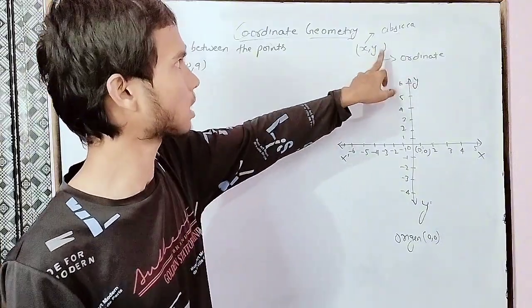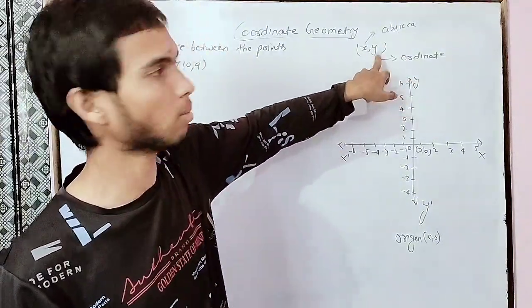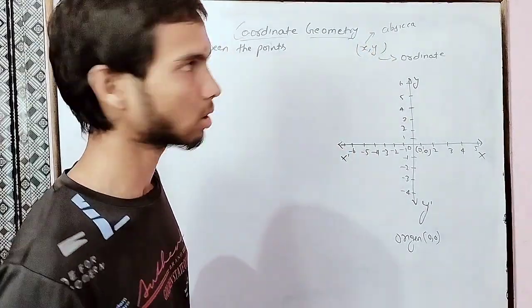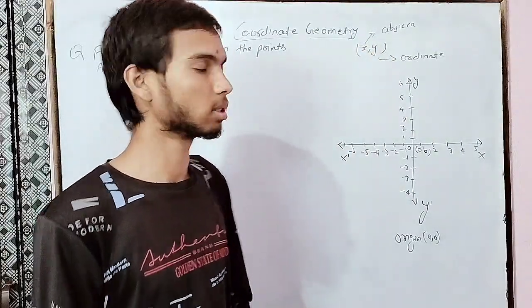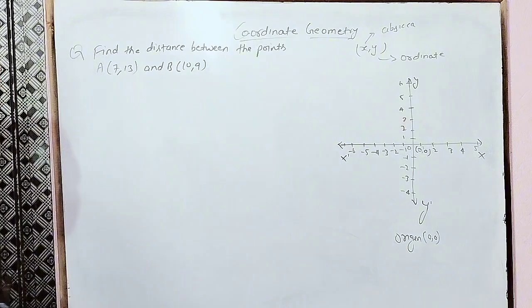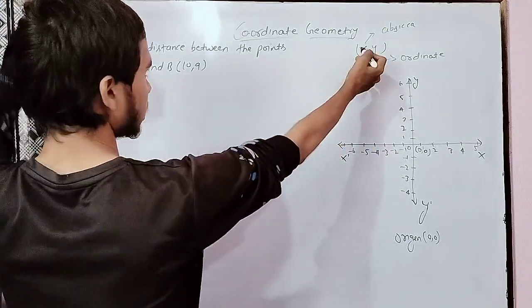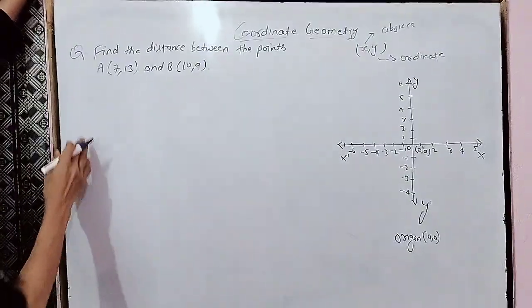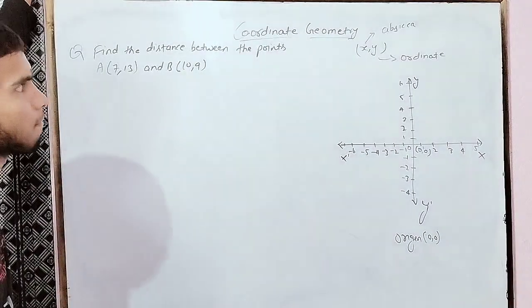Abscissa is the name of x, ordinate is the name of y, and these two are called coordinates. Okay, coordinates. So here in place of x is any number, you already know. So let's start.